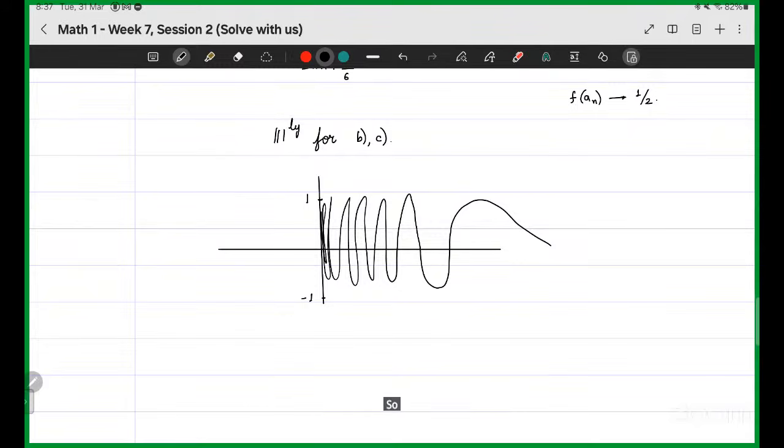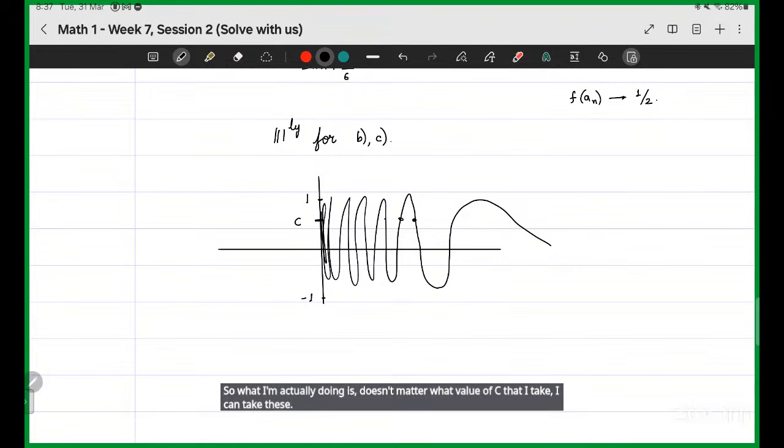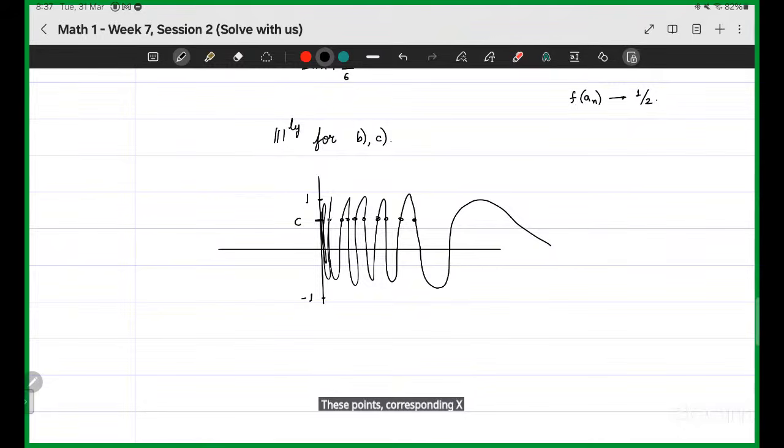So doesn't matter what value of C I take, I can take these corresponding x values, and I will get a sequence of values such that the function value is a constant equal to C. That I can always do. Is this clear? What is happening geometrically?